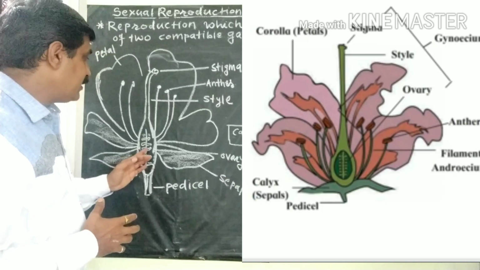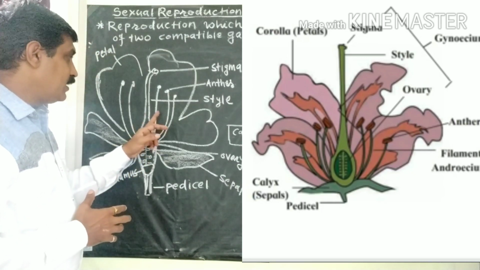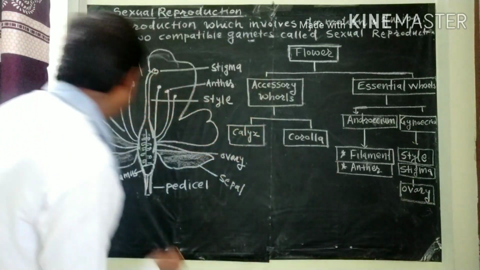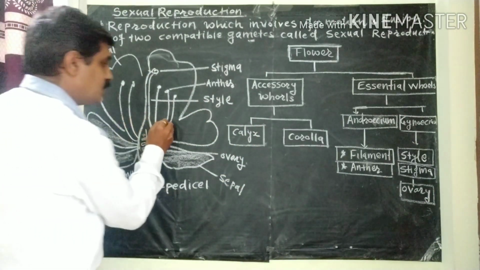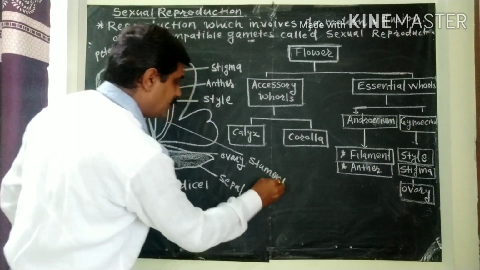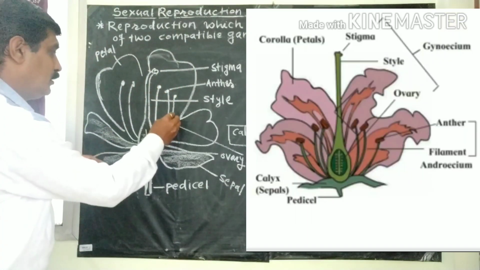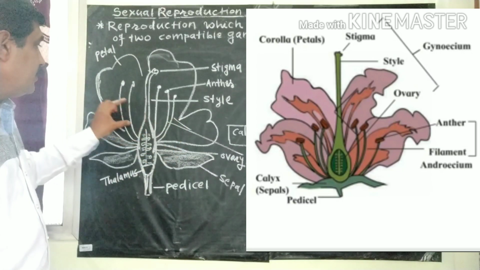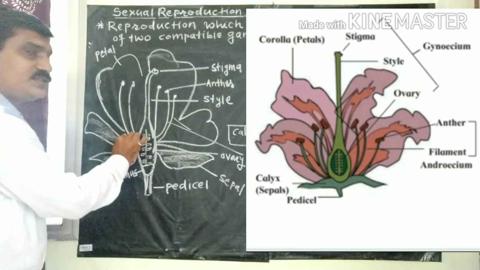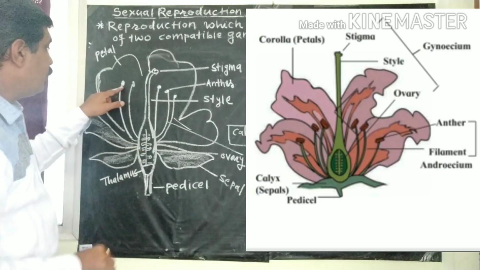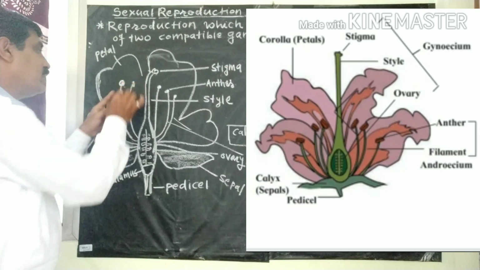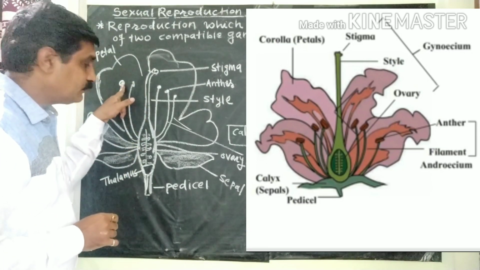Then the next part is the stamens. Each stamen is made up of a filament, which is the sterile part, and above it a bulb shaped, swollen part, which is the fertile part, that is the anther.